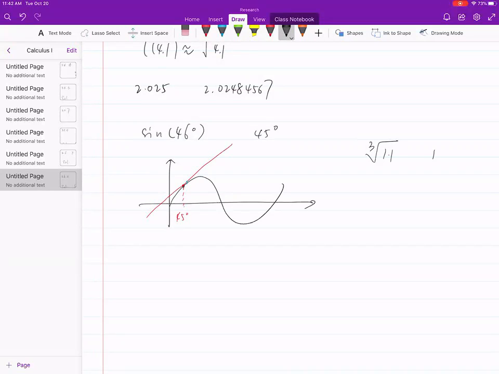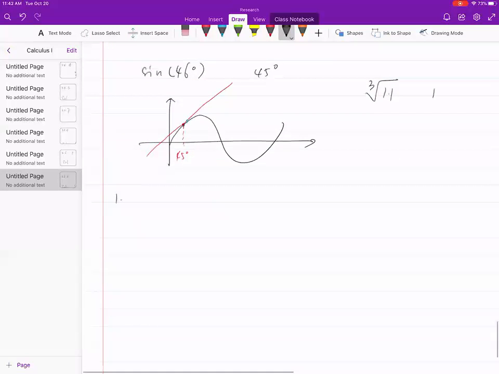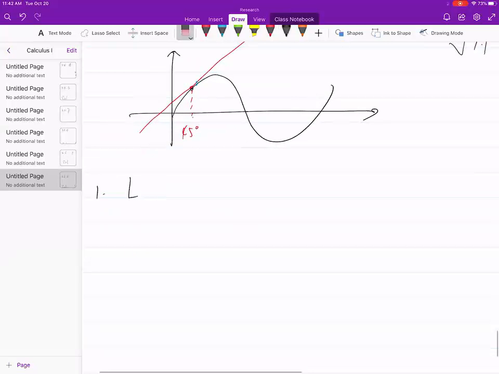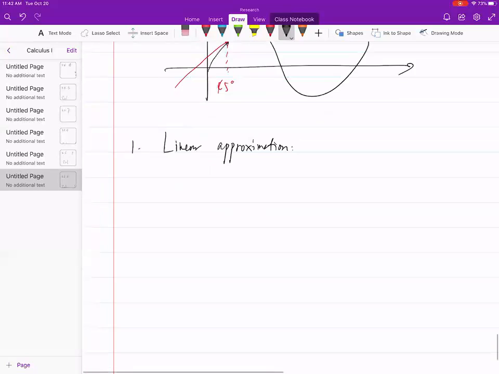All right. Is the idea clear now? What do we want to do? Now we just want to give you a formula. Basically, it's just repeating what we just did, but for any function. So, what do we mean by linear approximation? Okay.